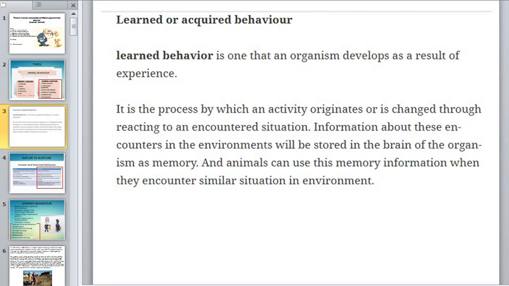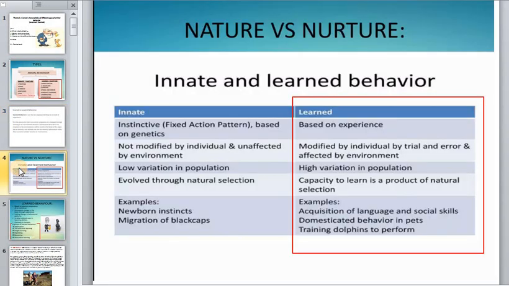in the environment. And here we see this slide where we find differences between innate behavior and learned behavior. And here we see this based on experience, of course, modified by individual, by trial and error, effort by environment, high variation in population, capacity to learn is a product of natural selection.